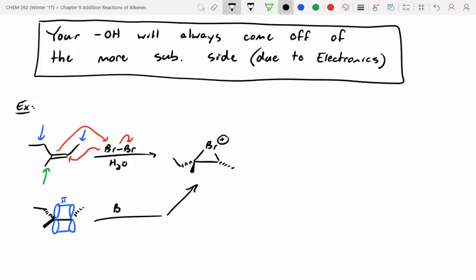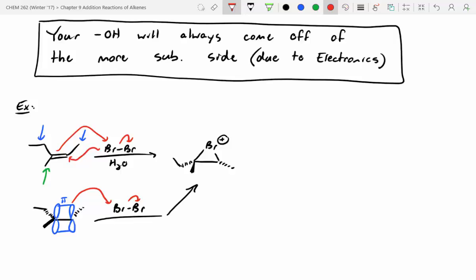When you've got bromine that's getting added in, this pi bond can attack from either face and kick off that bromide, but the stereochemistry remains the same on each of those carbons. Does that make sense?